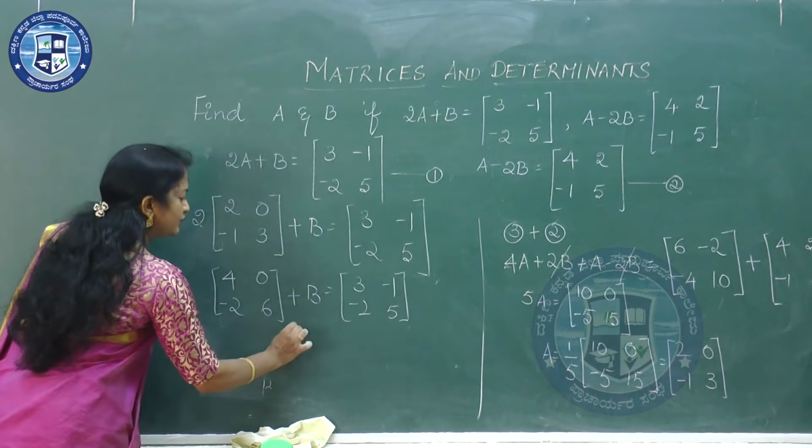So B is equal to [3, -1; -2, 5] minus [4, 0; -2, 6].